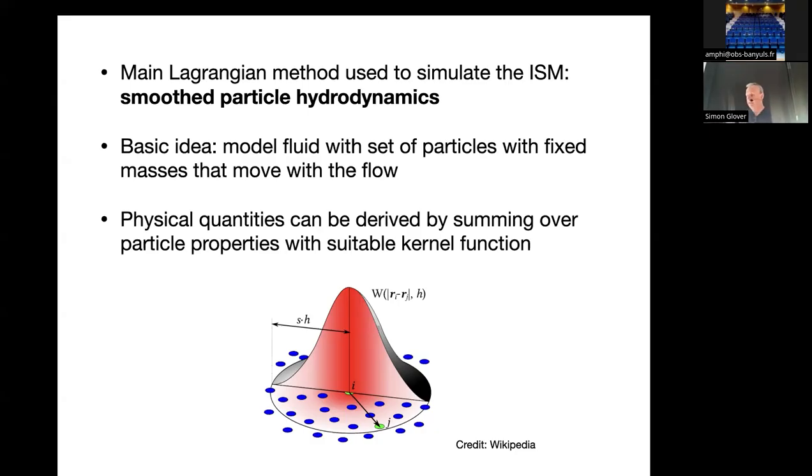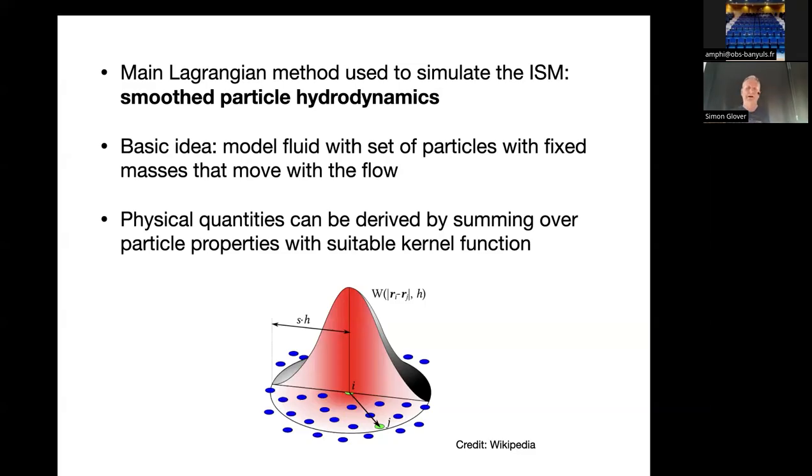The velocities of these individual particles are set by the local fluid velocity, and then we calculate quantities like the fluid velocity or the density or the temperature by averaging over a set of particles. So we define what's called a kernel function, which looks a bit like this. Essentially, to get the value of any physical quantity at some point, we just sum over the values carried by the individual particles with a weighted sum where the weighting factor is this kernel function.